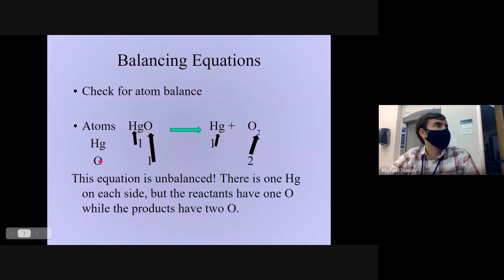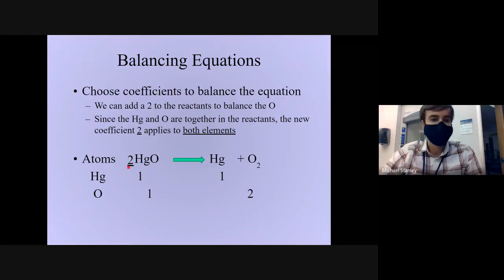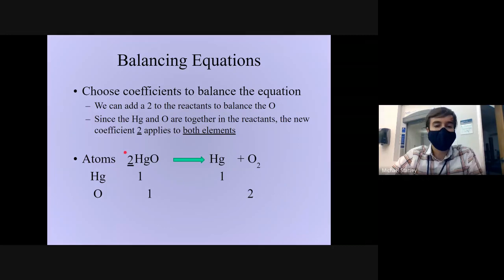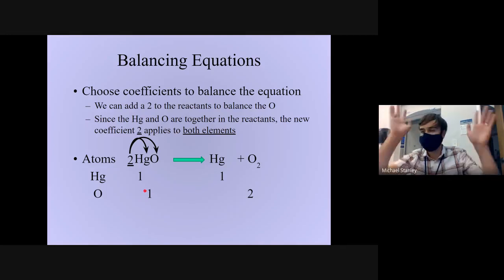So if I want this oxygen to be a 2 instead of a 1, I can fill in a 2 right here. So I'll add a 2 to my reactants in order to help balance out the oxygen. So now we have 2 oxygens on the reactant side.